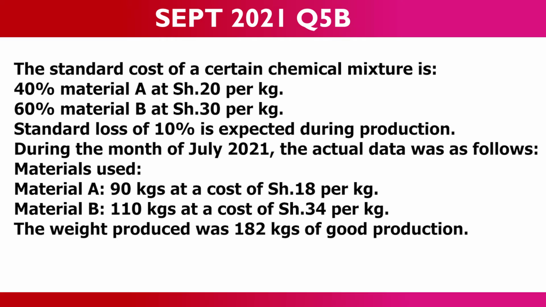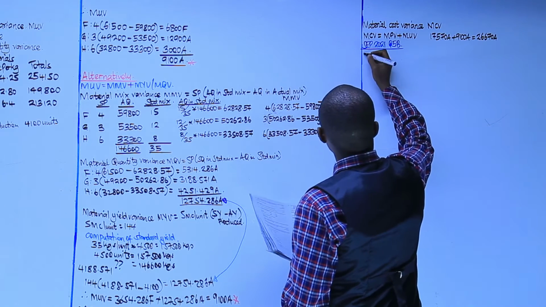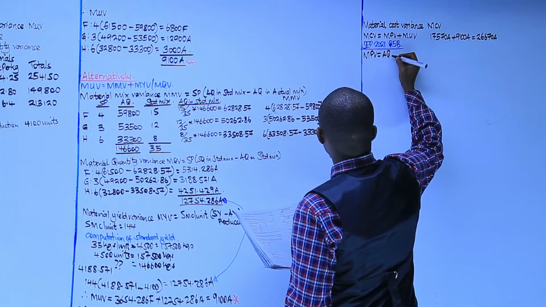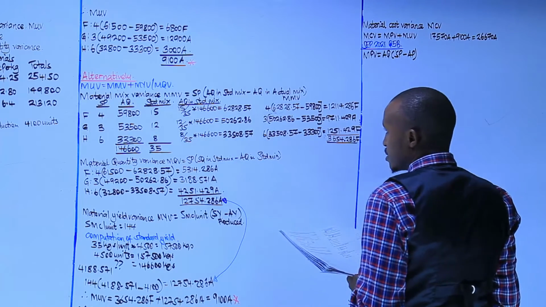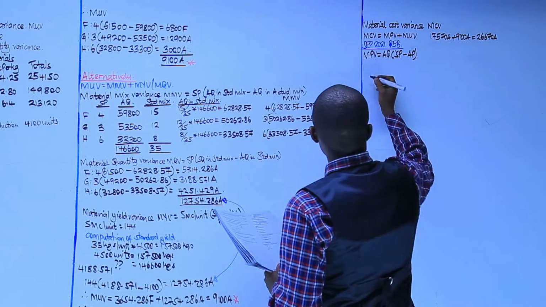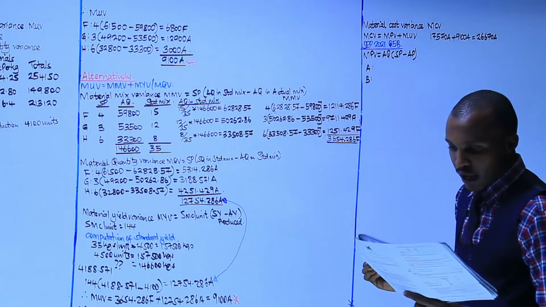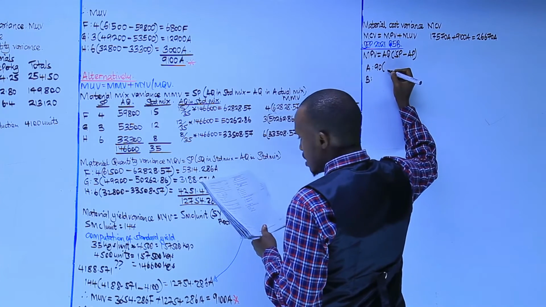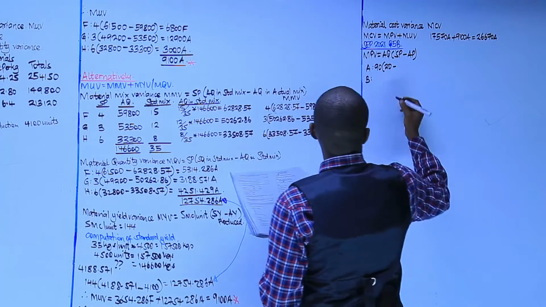Let's start by getting our material price variance. You say it is your actual quantity times standard price minus actual price. You have two types of materials, A and B. The actual quantity you purchased was 90 kgs. The standard price per kg was 20 minus an actual price of 18.